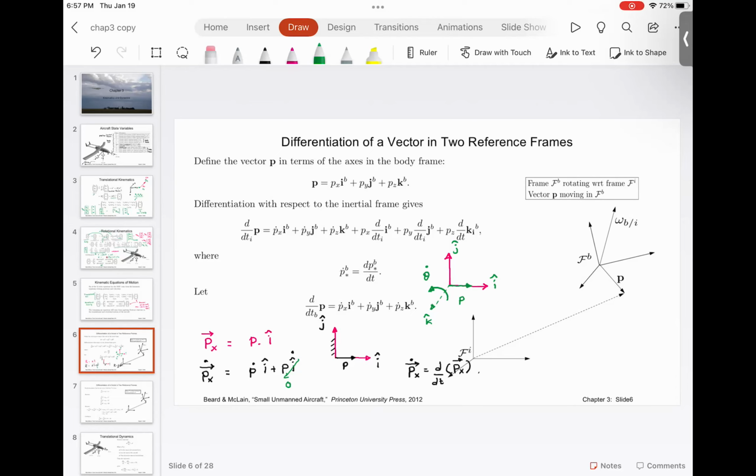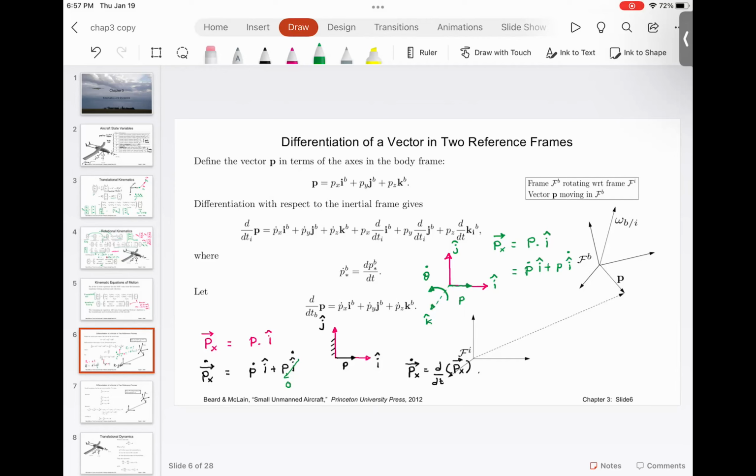And now what I want to do is find the derivative of the vector. I'm going to start with the same equation, Px, and I would say it is P times I. And again, using the u times v rule, I will say P dot I plus P I dot.